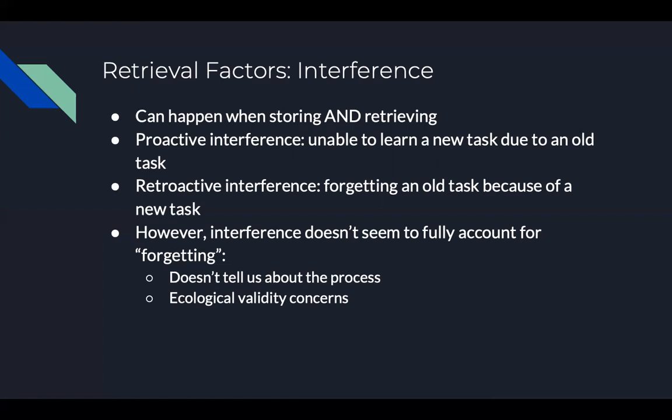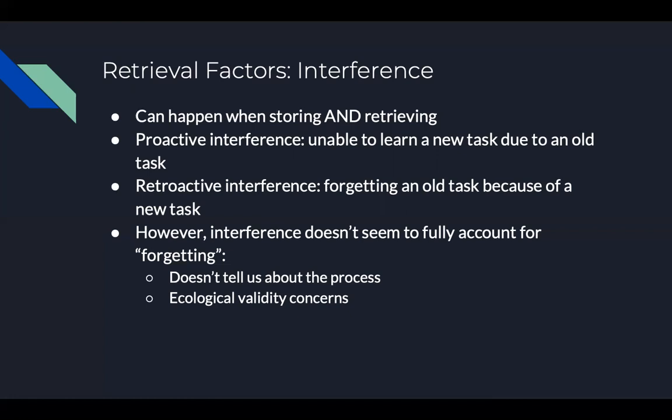Also, the majority of research on interference has been carried out in the lab using lists of words, and this doesn't really transfer over into being similar to our everyday life. If you remember from experimental psychology class, this is something that we call ecological validity. Ecological validity is the idea that what is happening in the lab is pretty close to what's actually happening in day-to-day life.